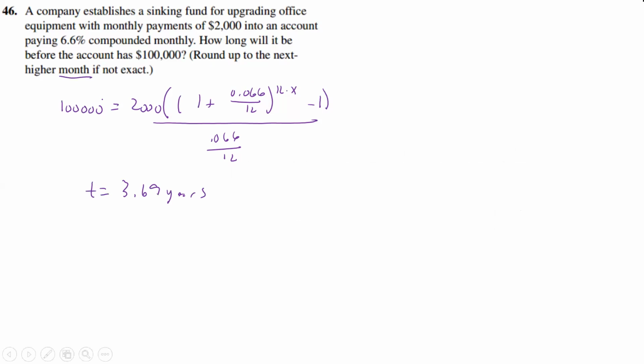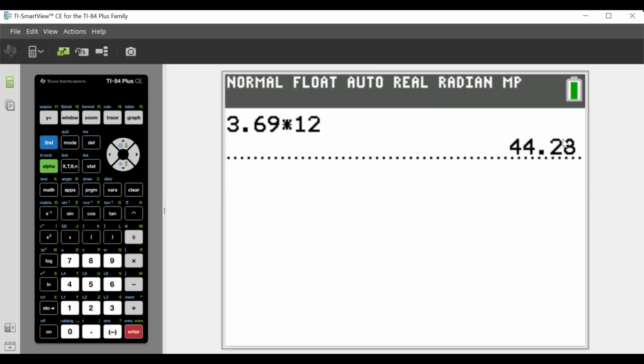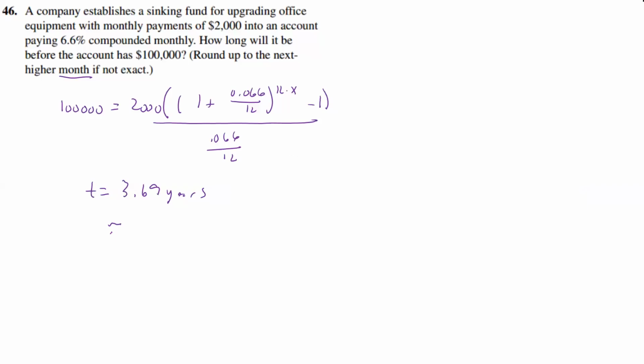So we didn't do months, so we have to go back now and do that in months. 3.69 times 12, so that's approximately 44.28 months, and it says round up to the next higher month. Okay, so that's going to be 45 months. So that's how long it's going to take.